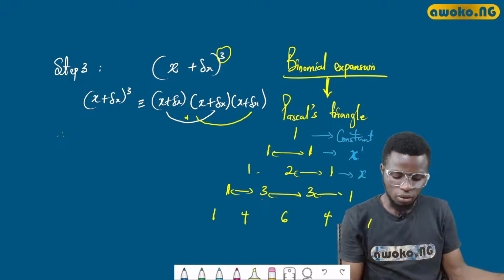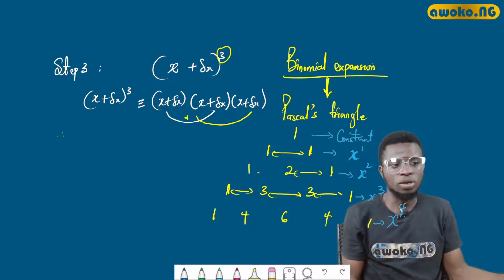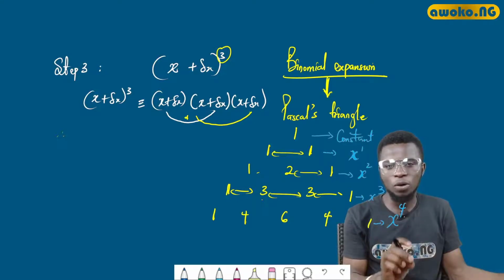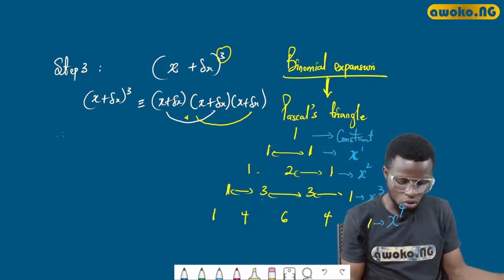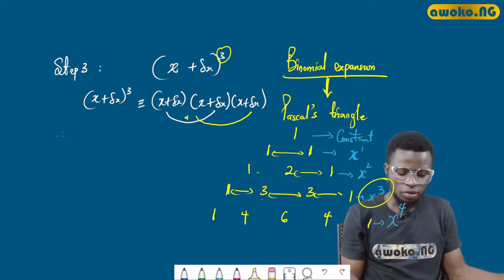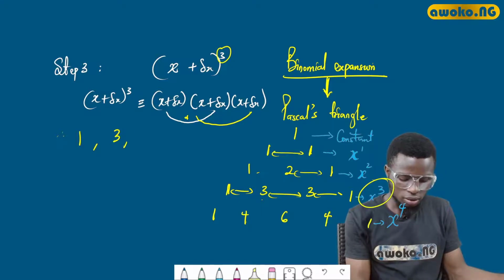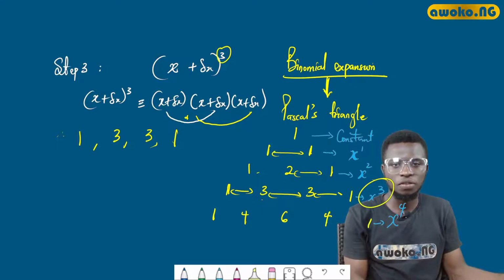This is for the exponent of 2, and this is x raised to the power of 3, and this of course is x raised to the power of 4. Okay, so if we check our area of concern, of course this is what we are concerned about. So we would have 1, 3, 3, and 1 as our coefficients.